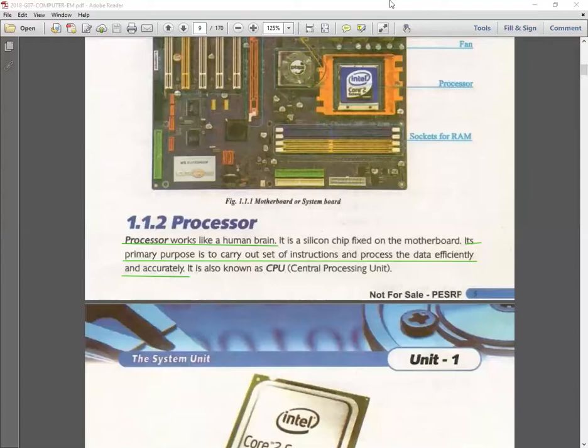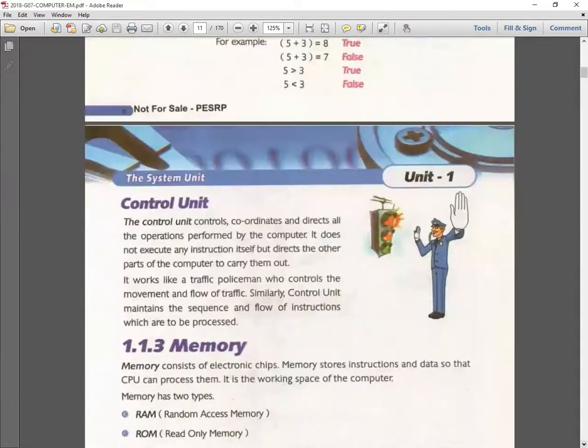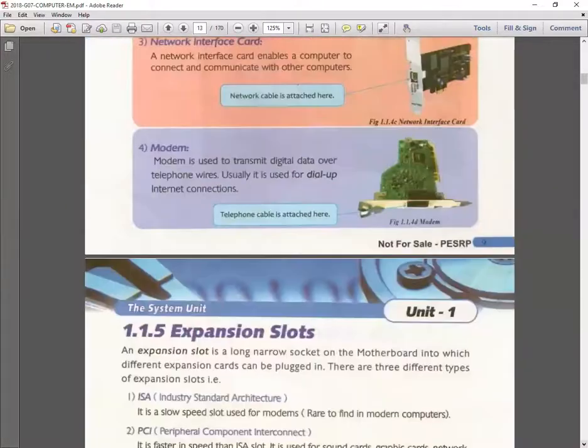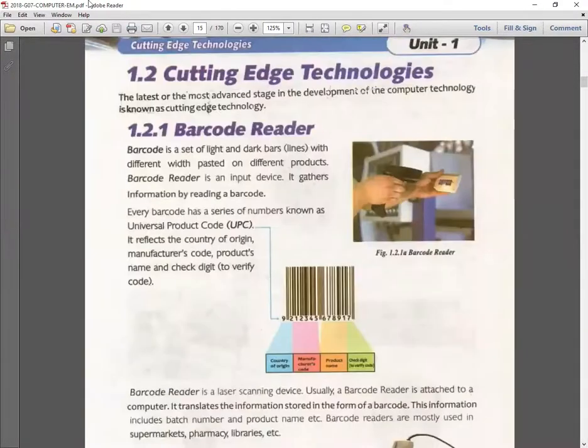Okay. Now I'm moving to question 4, barcode reader, which is on page number 11. We have to move to page number 11 for the answer. Here you can see the barcode reader. For the definition, I'm going to underline it.